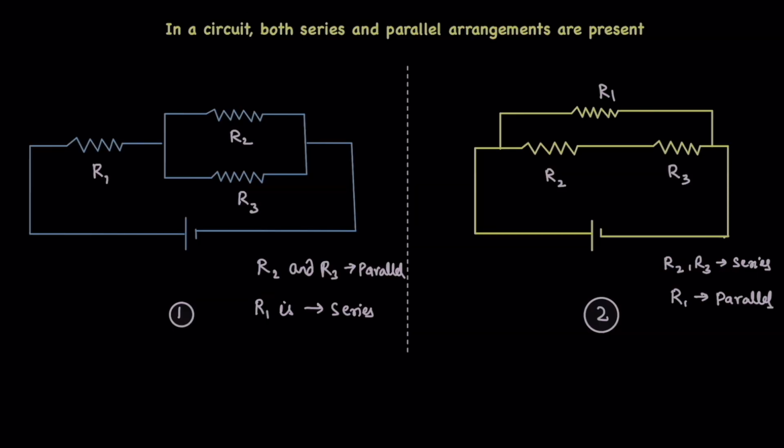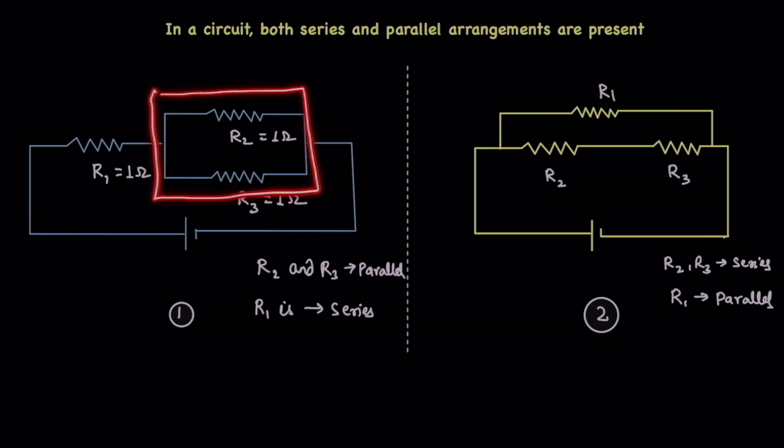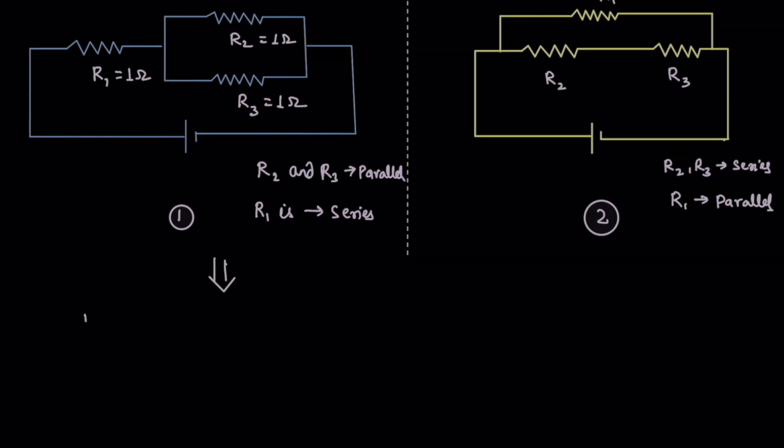So if we take R1 is 1 ohm, R2 is 1 ohm, R3 is 1 ohm, first we have to find the equivalent resistance of R2 and R3. Write it as 1 by R is equal to 1 by R2 plus 1 by R3.